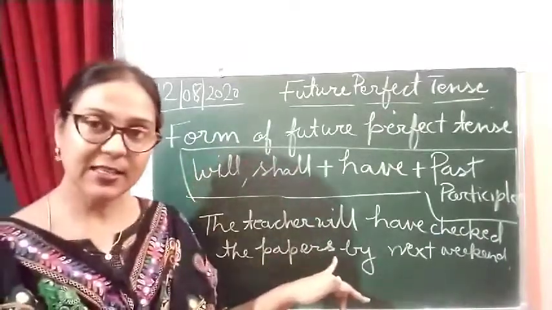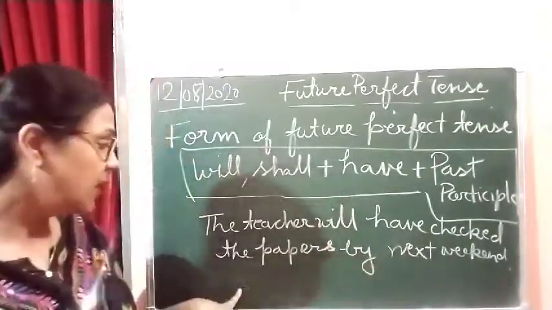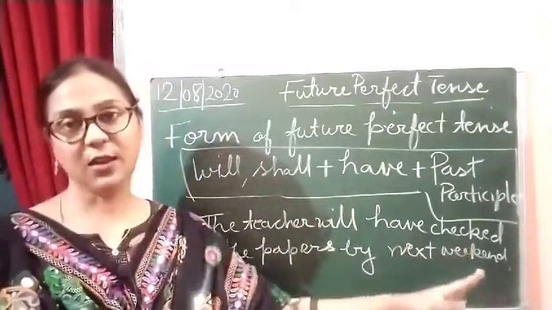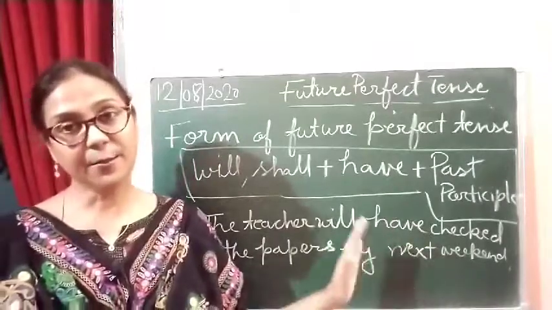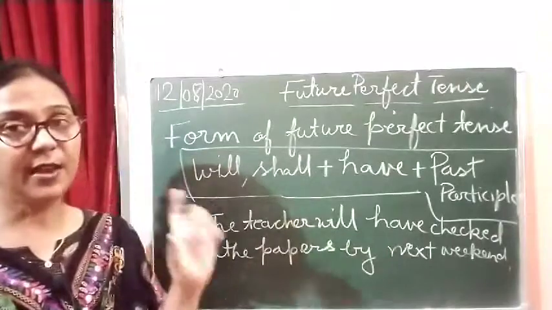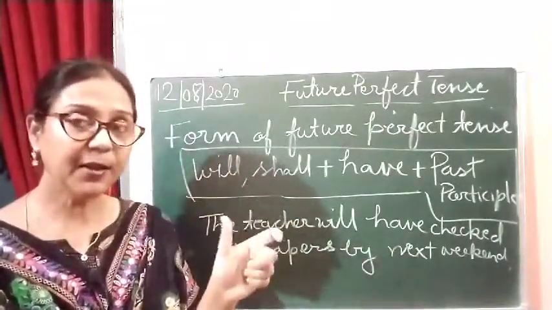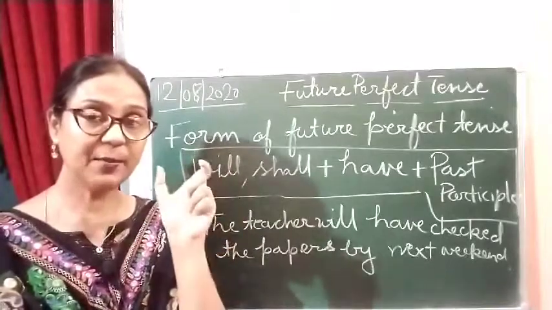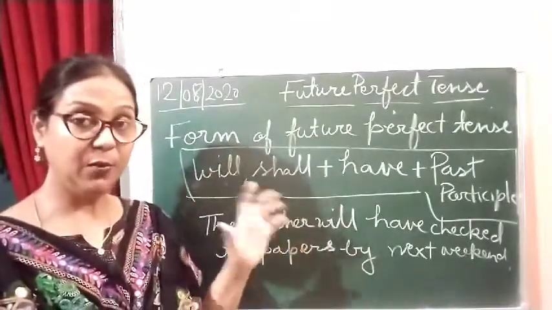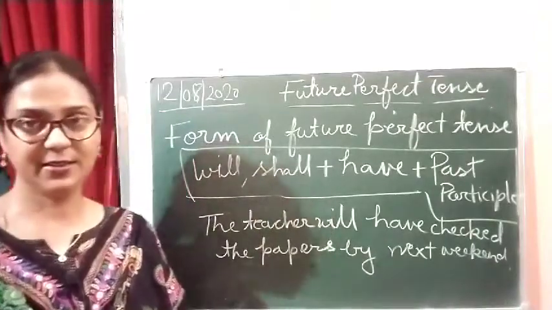For this example we can learn: the teacher will have checked the papers by next weekend. The time is already mentioned over here. So we have to always keep in mind that whenever an action will have been completed by a particular time given in the future, that is called future perfect tense.